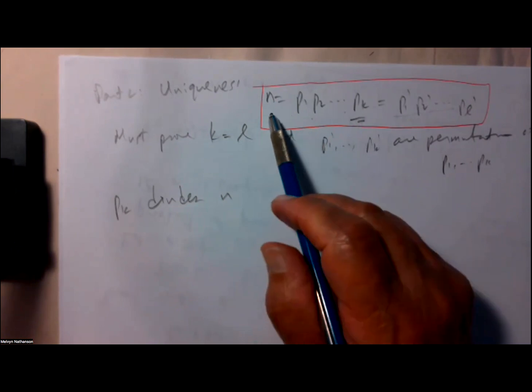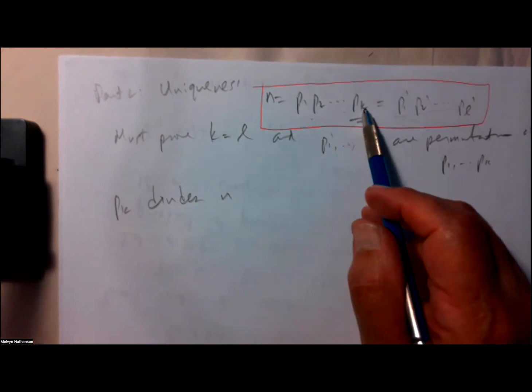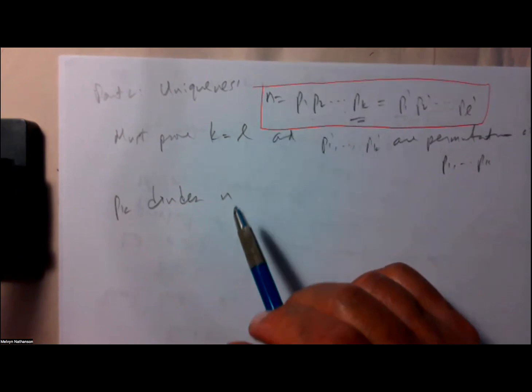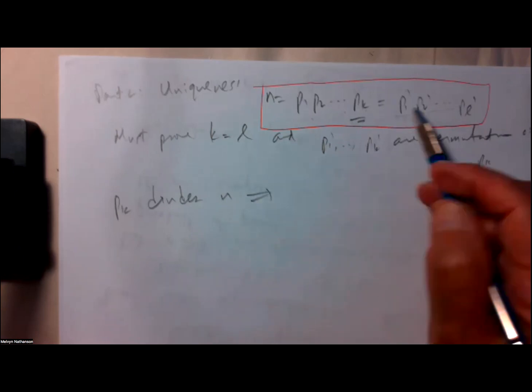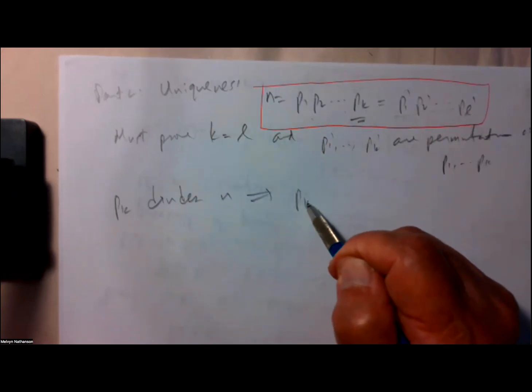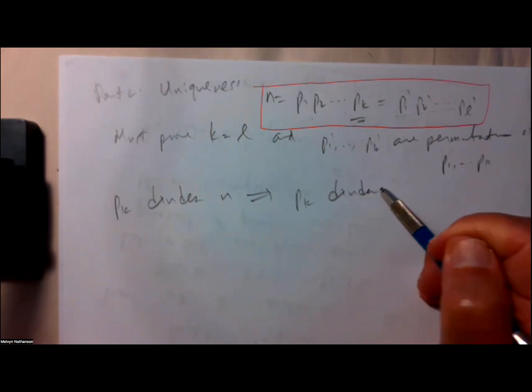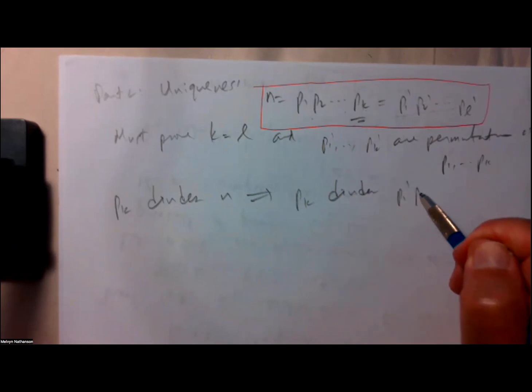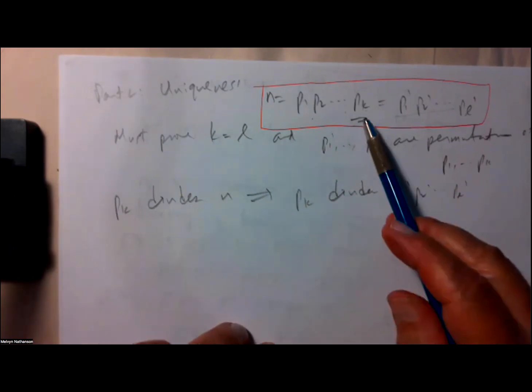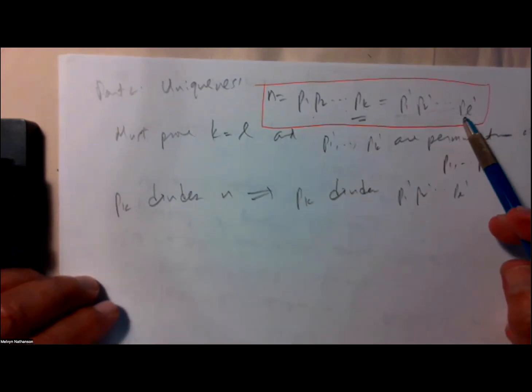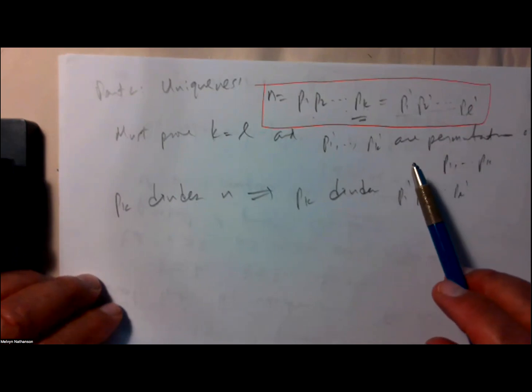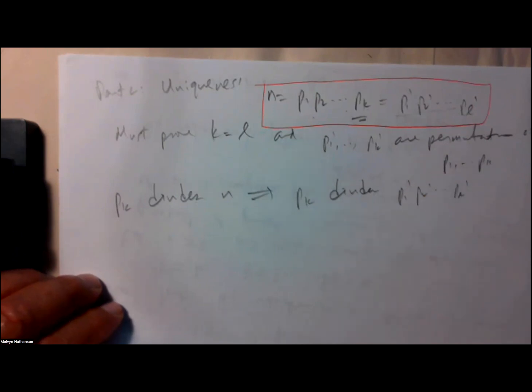That's what this says. n is a product of numbers, one of which is p sub k, so p sub k divides n with no remainder. But n I can write like this. So p sub k divides p1 prime, p2 prime, up to p sub l prime. So this prime p sub k divides this product of primes.